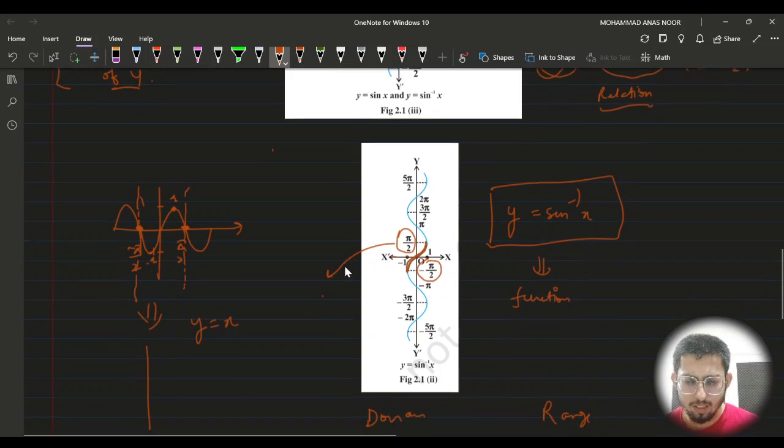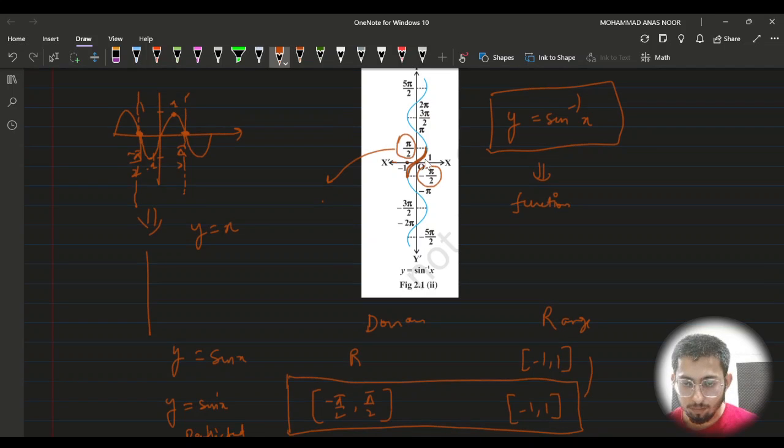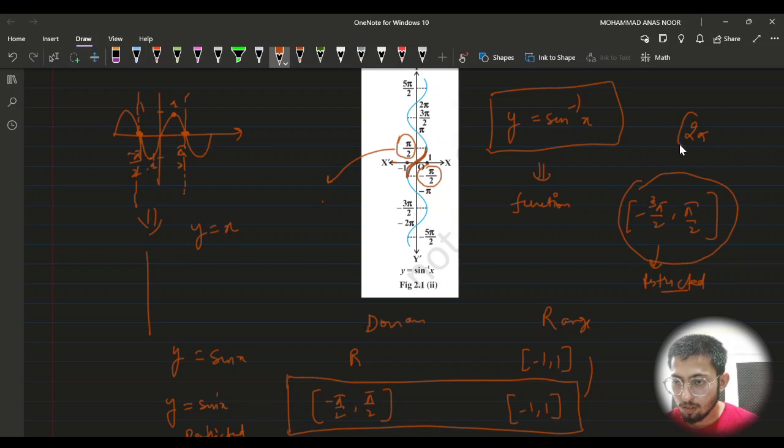But this is just the principle in books that is followed. In fact you could have chosen like minus 3 pi by 2 to pi by 2 as the restricted interval. Okay, I mean that should cover the whole range 2 pi, that is obvious, isn't it? This will cover the whole 2 pi, isn't it?